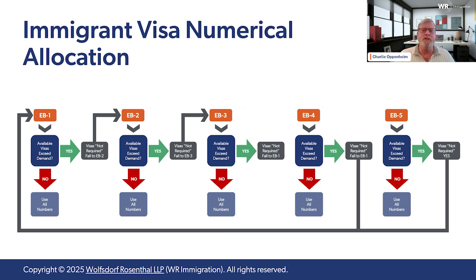Right now, the only countries that are not current are India and China. But again, it's kind of like a never-ending cycle. And the intent of this is Congress did not want any numbers to be wasted. So if there wasn't sufficient demand to use all available numbers, they would fall to a category where there was demand. Again, trying to maximize number use each year under the annual limits.